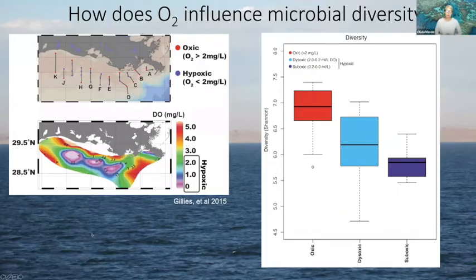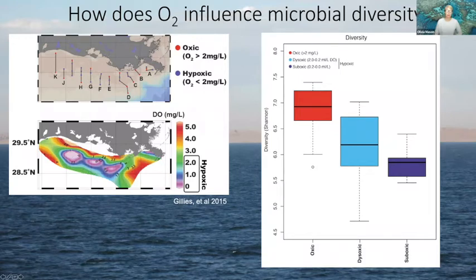So the first question is, in the Gulf of Mexico, how does oxygen influence microbial diversity? These are samples that Lauren collected in the dead zone in 2013, and this is a map of the samples. I hope you can clearly see here that there is this large area where you have very low oxygen concentrations. So it earned the nickname the dead zone, right?